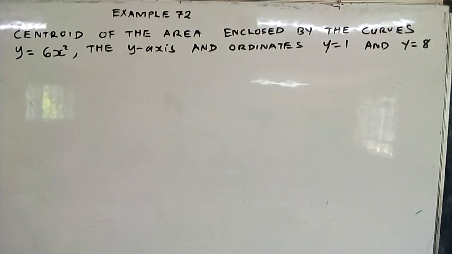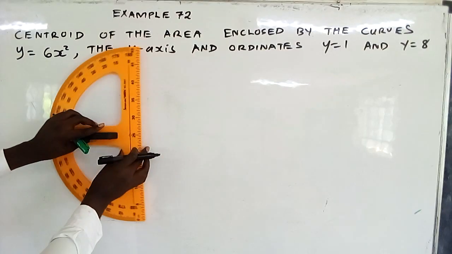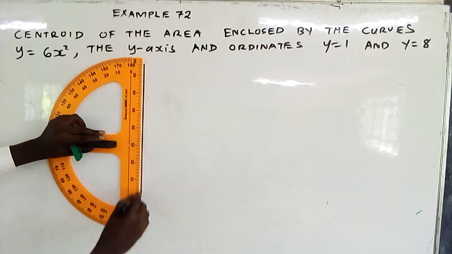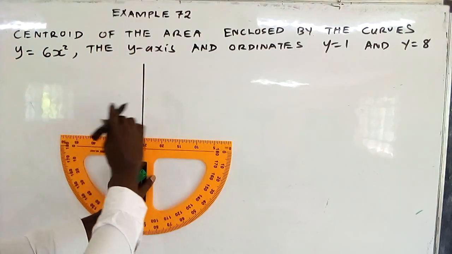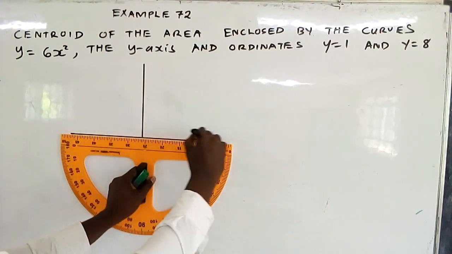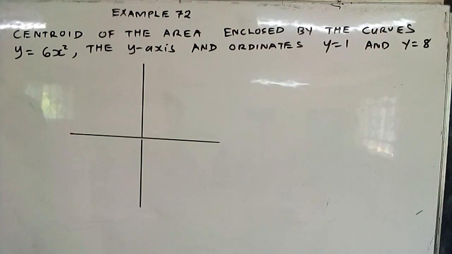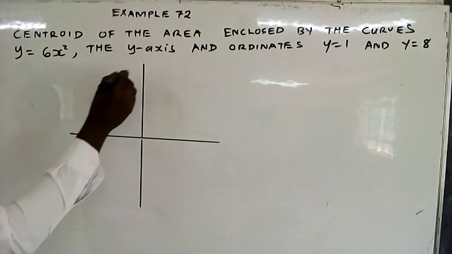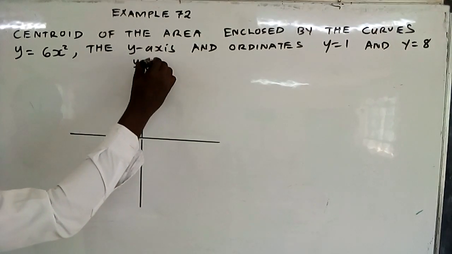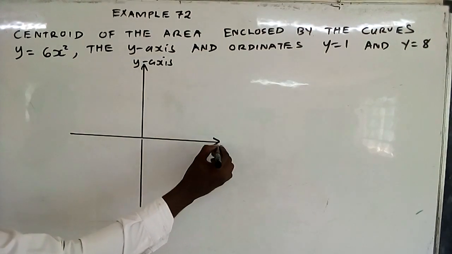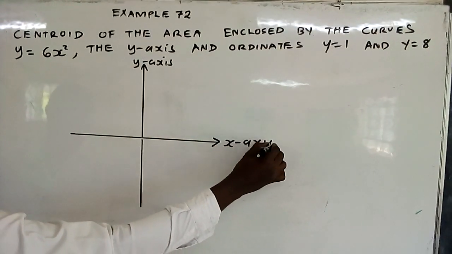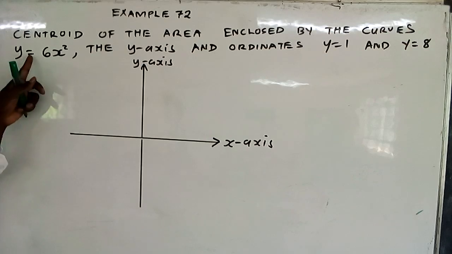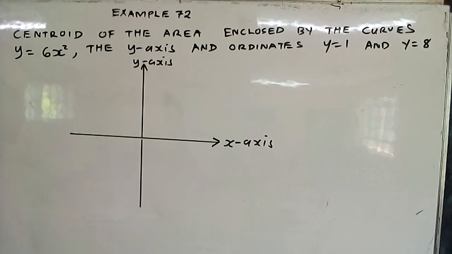So remember, even if you sketch, if we just have a rough sketch here for explanation of this, if this is the Cartesian coordinate system, this is the y-axis, this is the x-axis. So you see this curve y equals 6x squared is a parabola, isn't it?